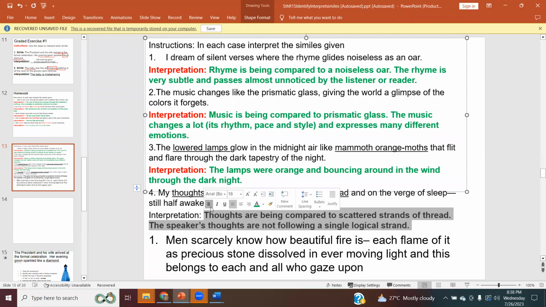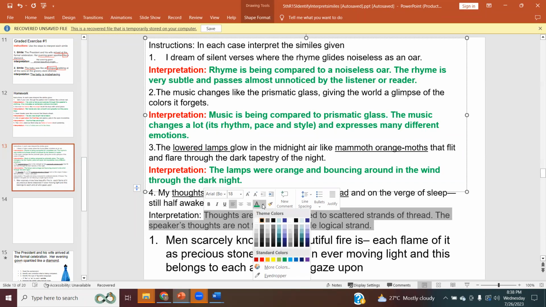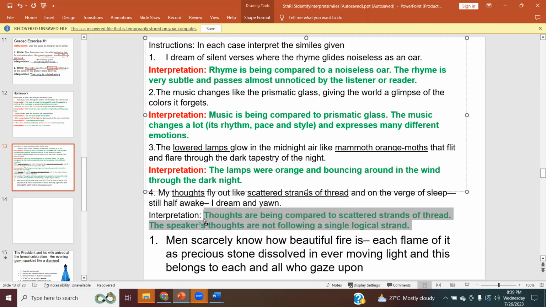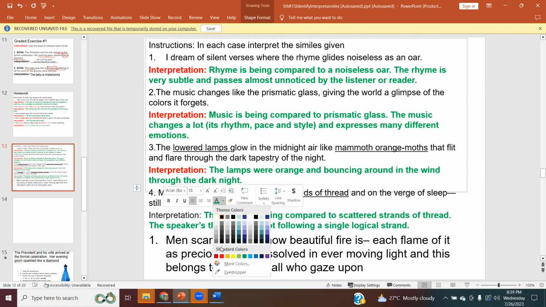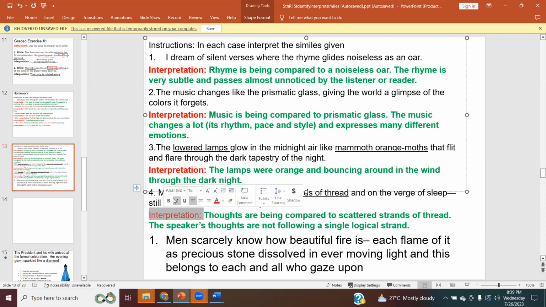So the speaker is not thinking in one straight logical path. Their thoughts are chaotic, intermingled with different situations and notions and issues and problems.